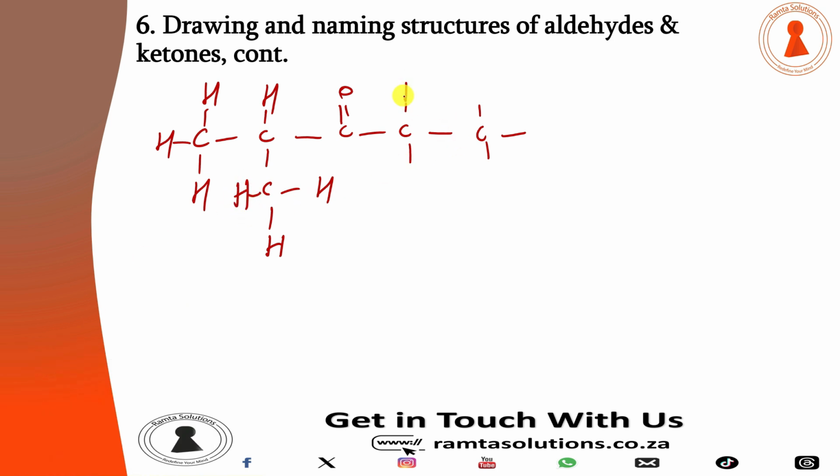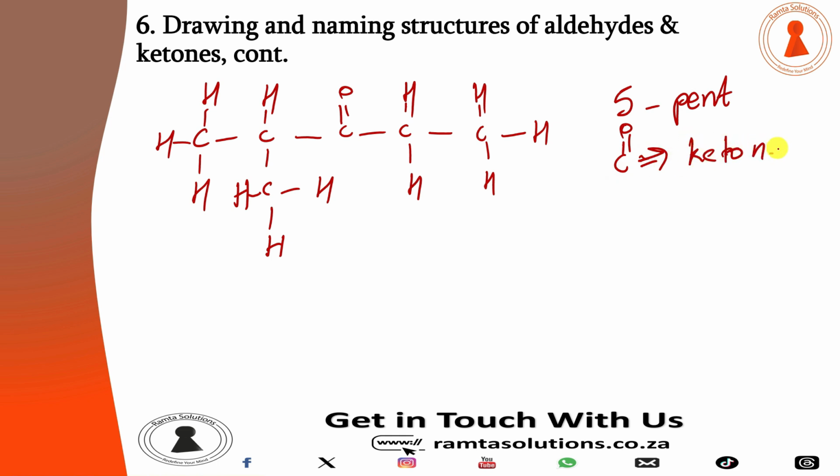Okay. Now let's proceed. What do we call this? Remember, you begin numbering with the end nearest the carbonyl. So let's see. 1, 2, 3, 4, 5. It's 5. 5 means pent. Right? I see a carbonyl. So what is this? It's a ketone, right? And then ketone, it means the suffix is A-O-N-E.